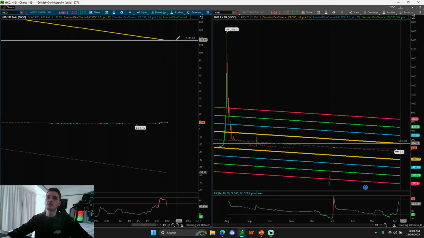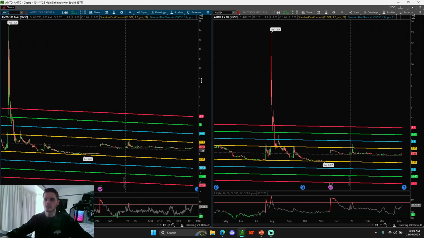Who knows really? So one way we can find closer levels is by looking at a stock that moves very similar. We know HKD is the ticker for AMTD Digital, but the actual ticker AMTD does move quite similar. I think a lot of this came from confusion when we had these massive moves.